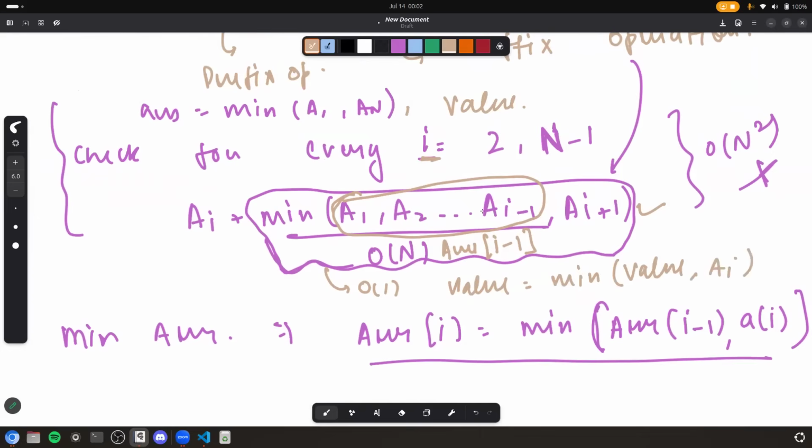So basically in the next iteration, we can just replace this with val, since it already had the minimum. So these two approaches are very much the same. Here we just pre-calculate the minimum array, and here we just calculate it on the go. So we can then solve this question in O of n. I'll show you guys the code now.